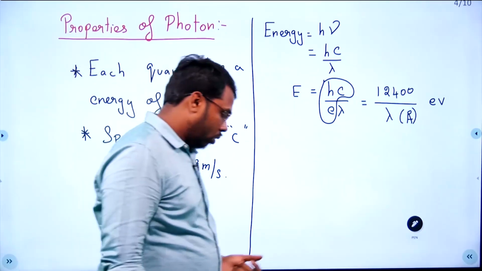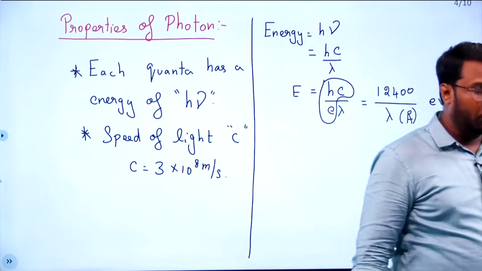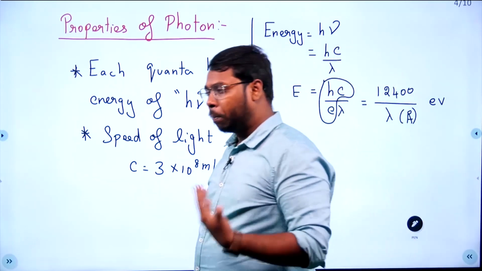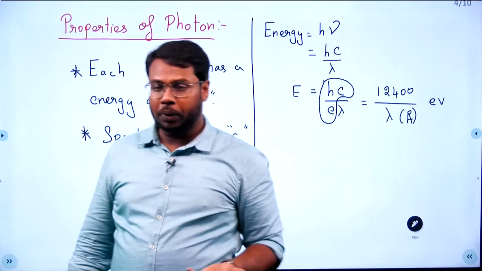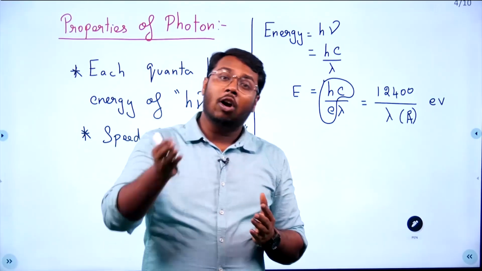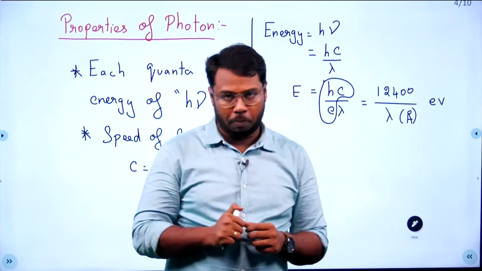Now what Einstein is trying to propose here is that the light is made up of particles, which means light not only behaves like a wave, but it also has its own particle nature. This is what he is trying to propose.